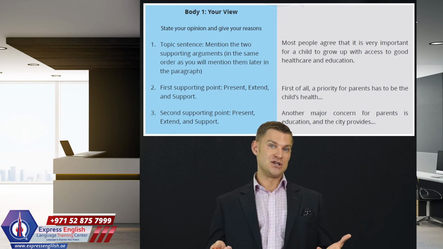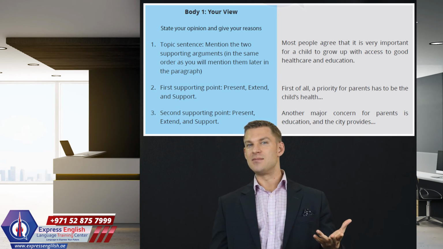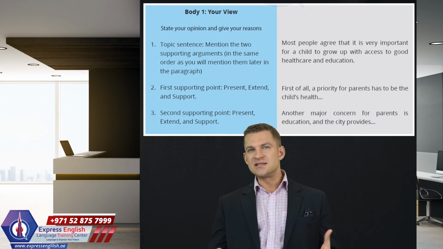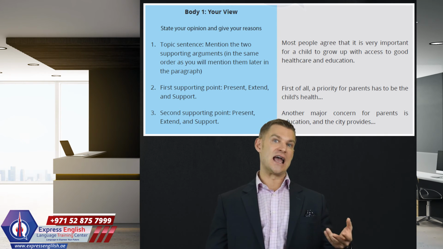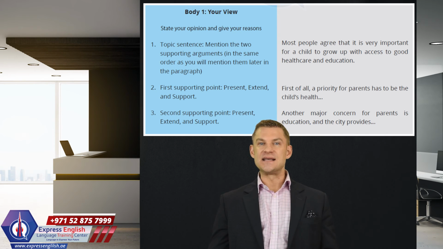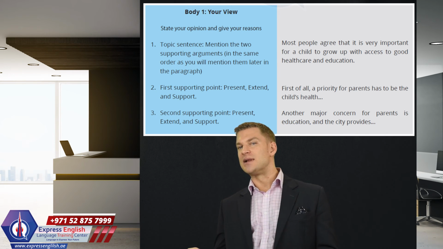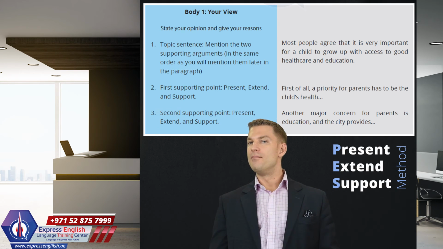It's important to mention them in the same order that you're going to fully explain them in later in the paragraph. This all adds to the linking and sequencing that we call coherence and cohesion. After the topic sentence, we need to fully explain each argument using the PES method.